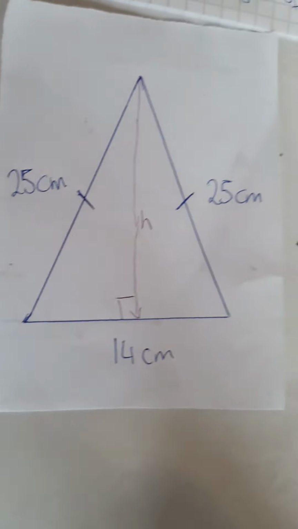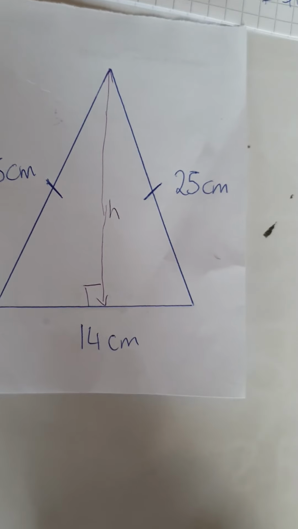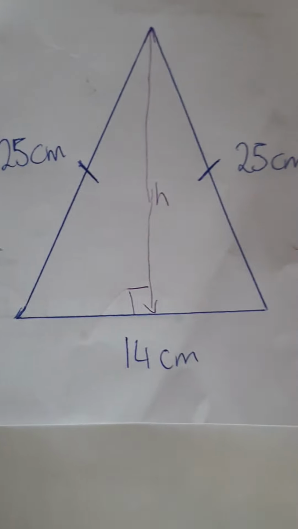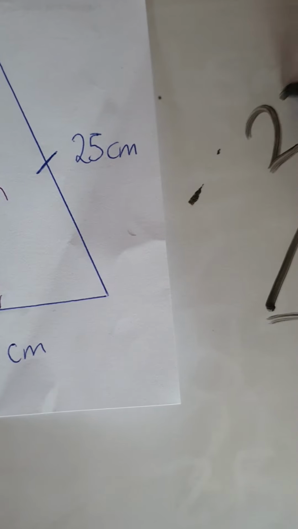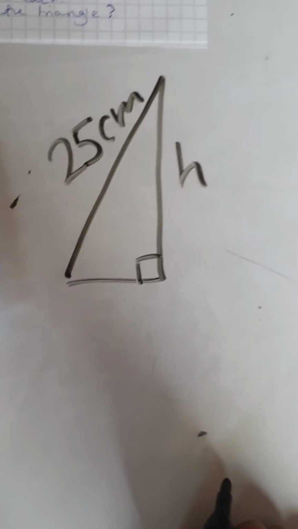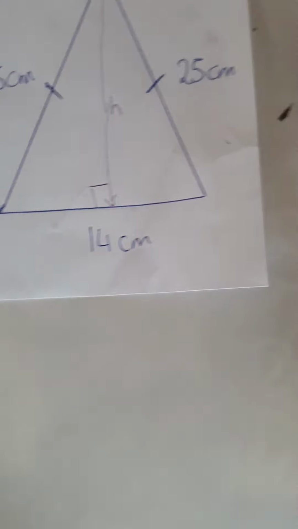Now that I've split it, I can suddenly see that I've got 2 right angled triangles. If I was to sketch that out, I'm just going to sketch out one side. I've got one with 25 centimetres there, an unknown h, what I'm looking for, and what would be along the bottom? Well, it would be 7, because I split it directly in the middle.